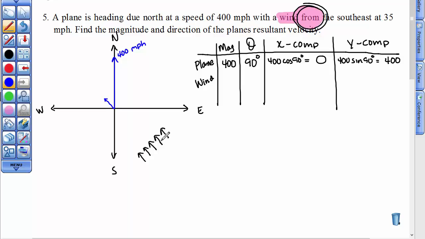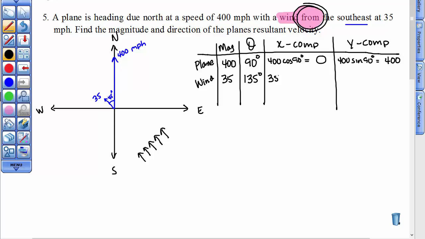And because it says southeast exactly, you're bisecting that 90-degree angle, so this would be 45 degrees right here. And so in my table, 90 plus 45 is going to be 135 degrees for that 35 mile per hour wind.